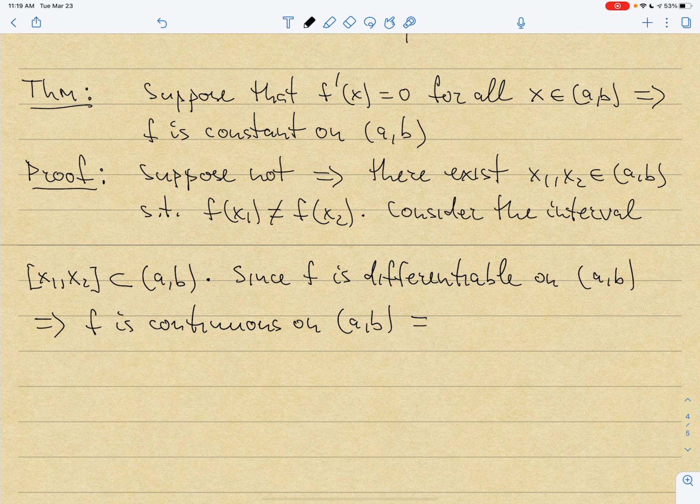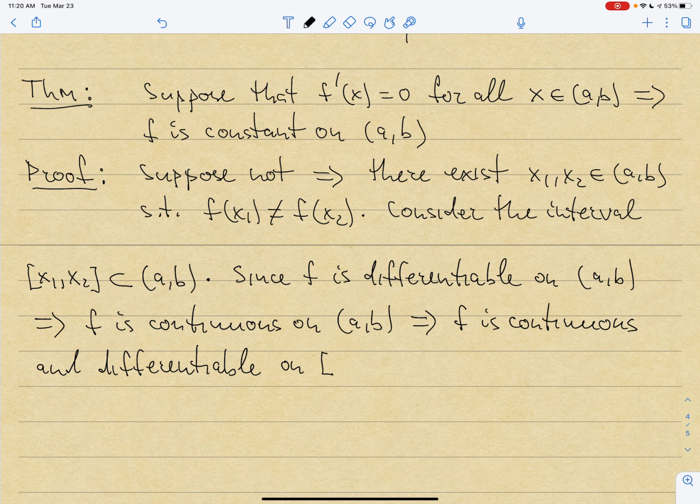And so therefore, f is going to be continuous and differentiable on the subinterval [x1, x2] of (a, b). And so therefore, the mean value theorem applies on the interval [x1, x2].